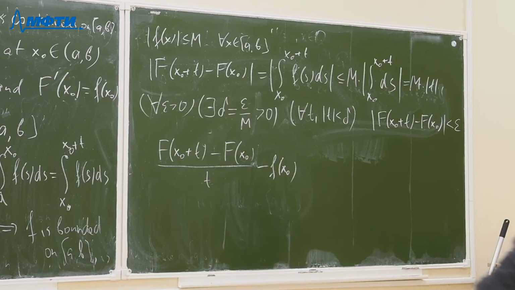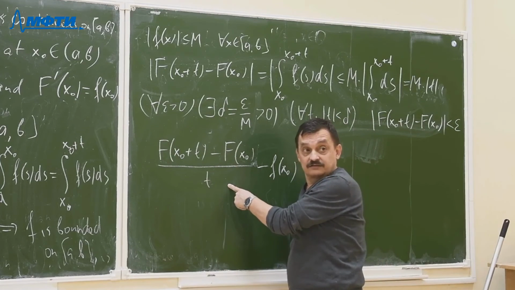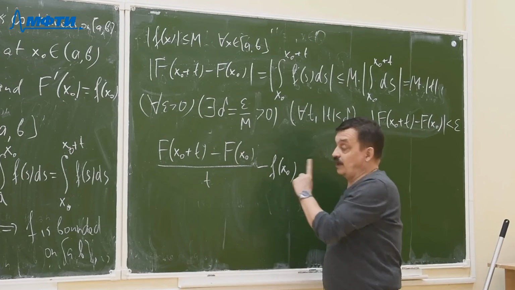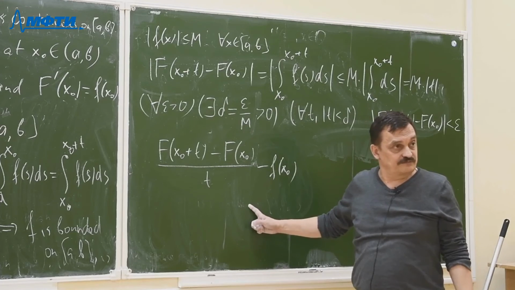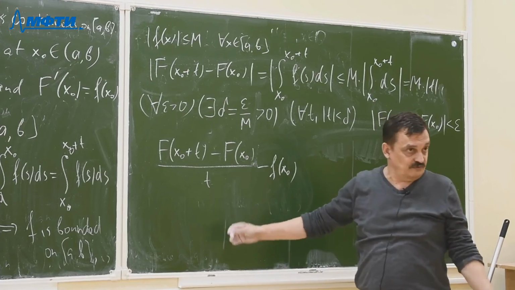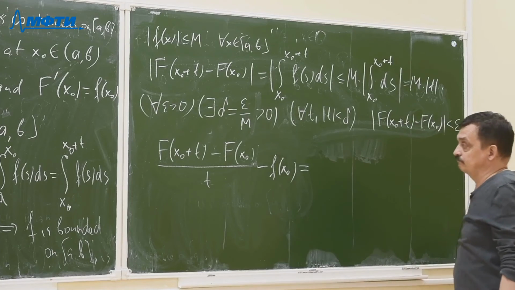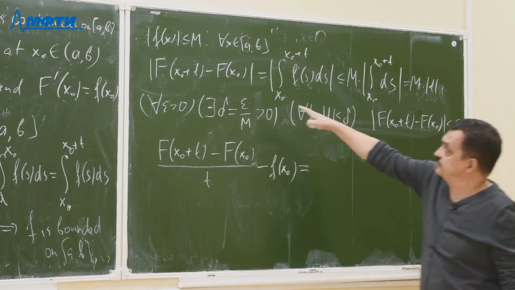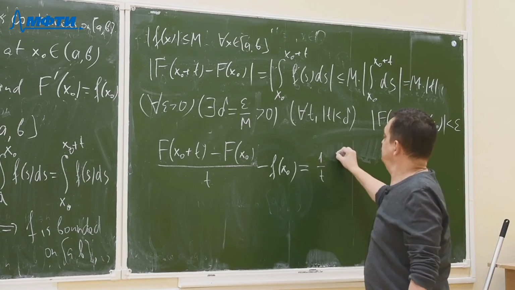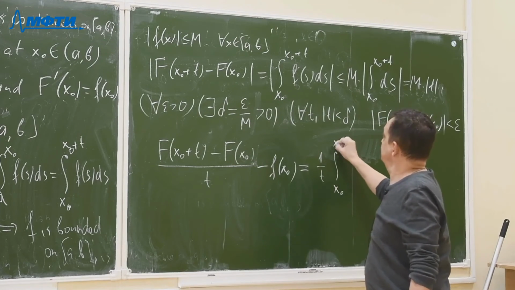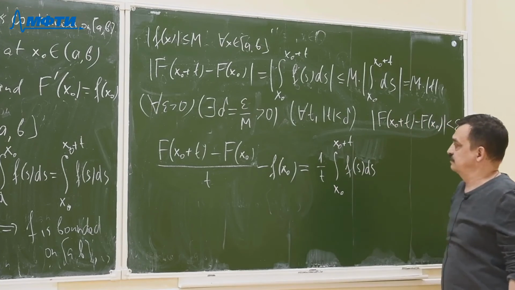Because, look, this tends to the derivative, right? If I prove it, then we are done. Okay. We know the expression, so I'll write it here. 1 over t integral from x naught to x naught plus t of f of s ds.